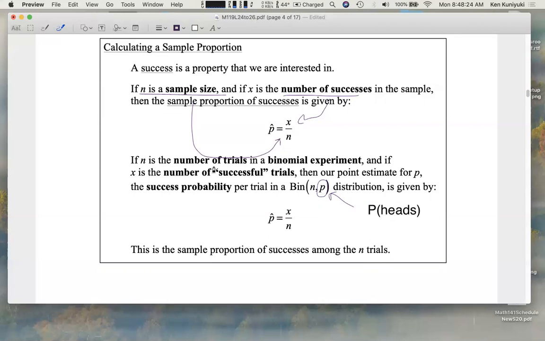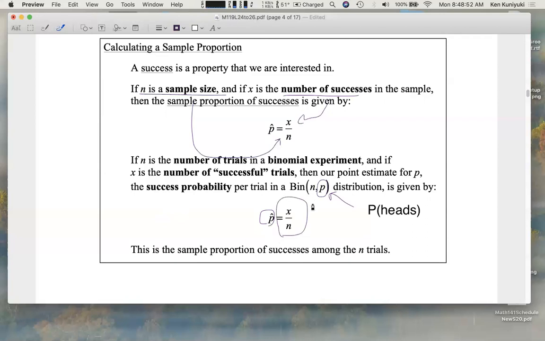If n is the number of trials in a binomial experiment, n here would be the number of flips of the coin, and if x is the number of successful trials, the number of times the coin comes up heads in that experiment, then our point estimate p hat, for p, the success probability per trial in a binomial n, p distribution, is given by x over n.